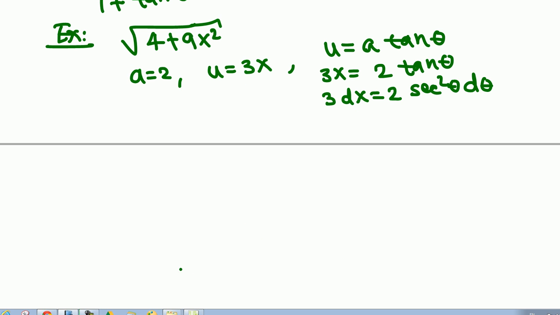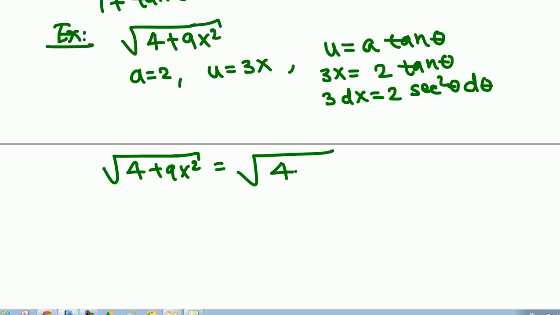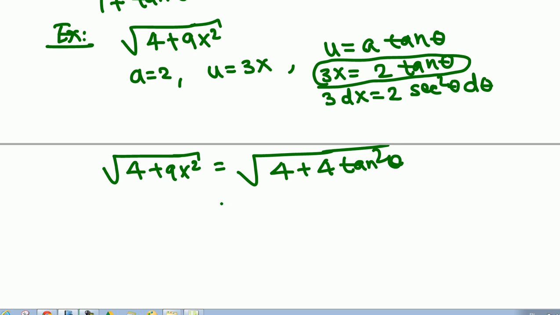With this, our 4 plus 9x squared becomes 4 plus 3x quantity squared, and since 3x equals 2 tangent theta, we get 2 tangent theta squared, which is 4 tangent squared theta.